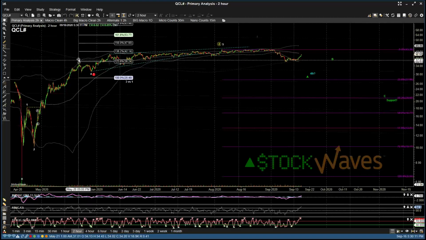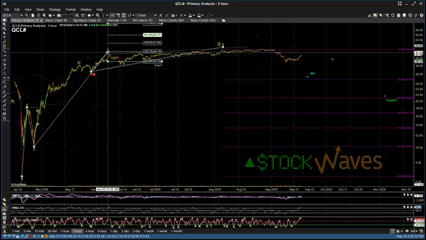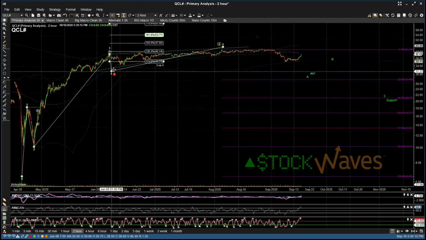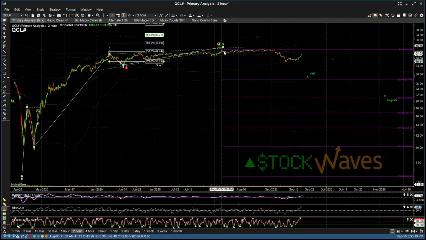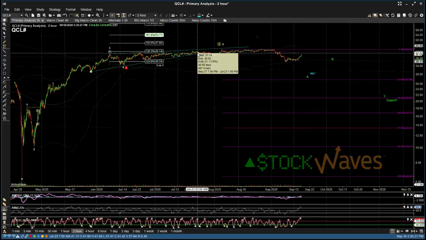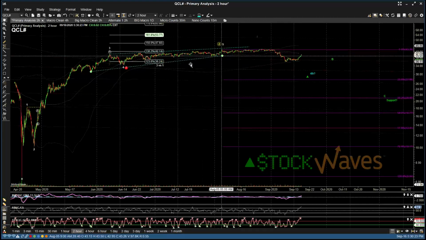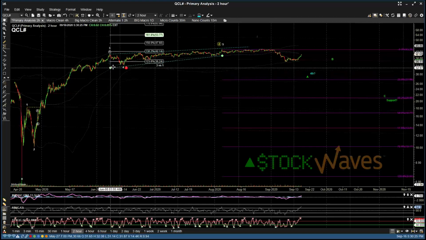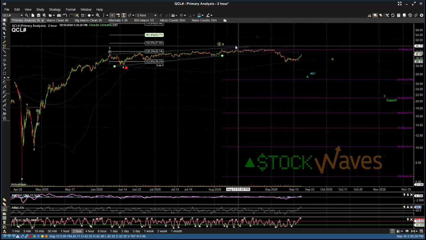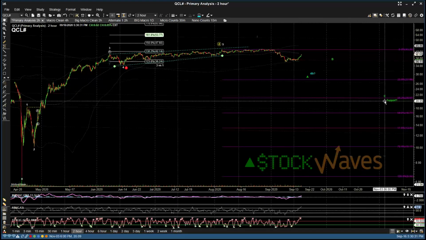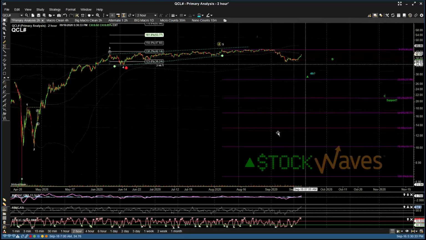Even if we move this third wave up to here and count this as the 4, we still have this very, very weak ending diagonal for the possible fifth wave off of the low. So as a more bullish wave 1 and getting a wave 2 retrace, it's not as strong.